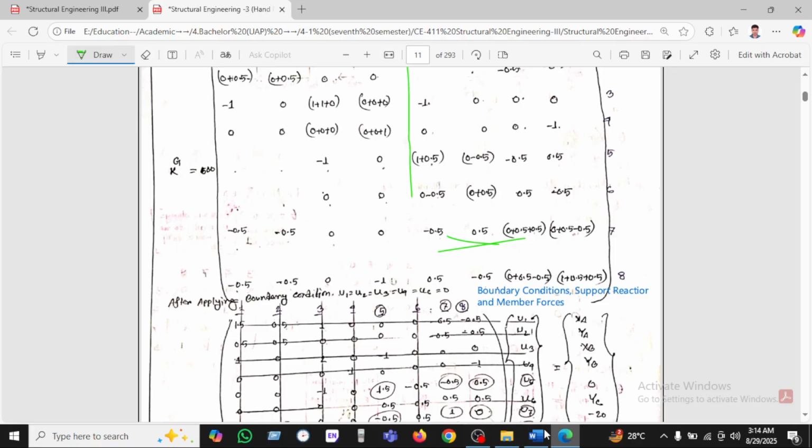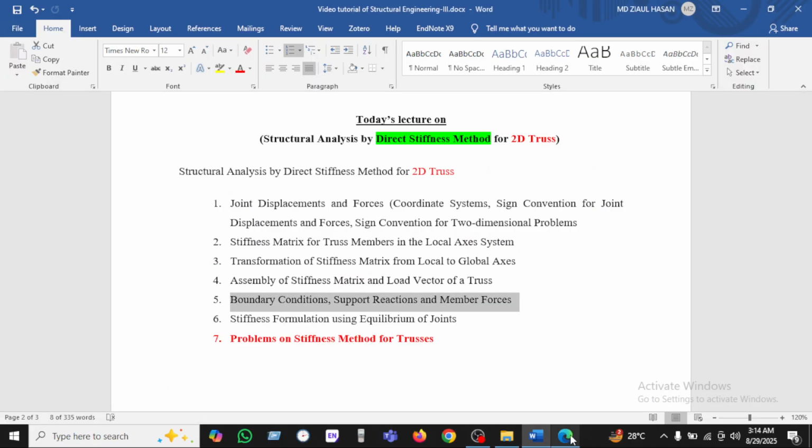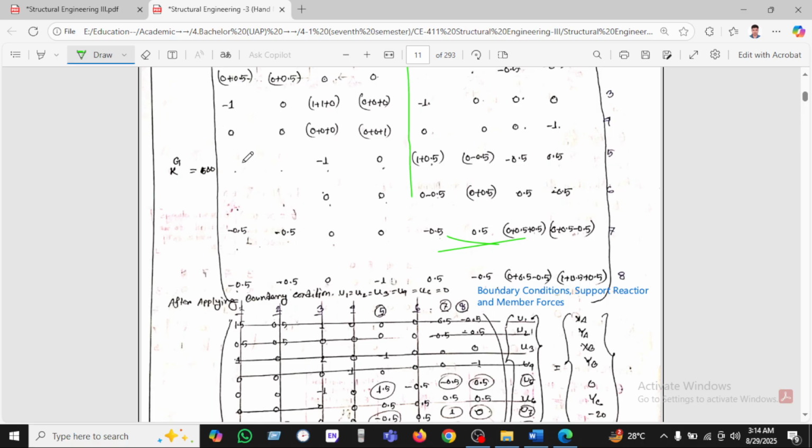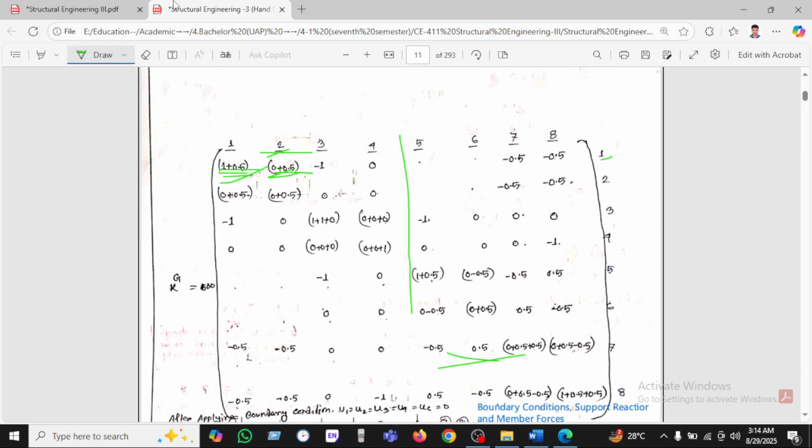Okay. Now we're going to the boundary condition. After assembling the member stiffness matrix, the equilibrium condition we have seen here. I will get 1.5. Previously 1 into 1.5, that means 1.5.